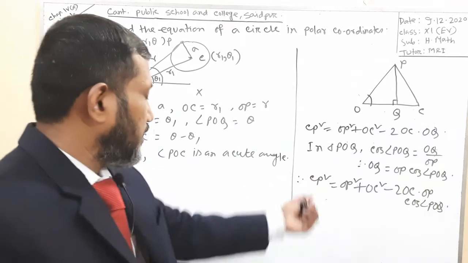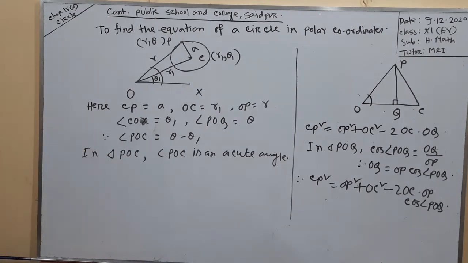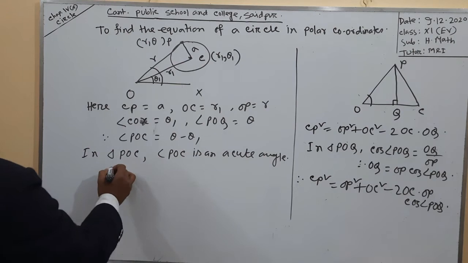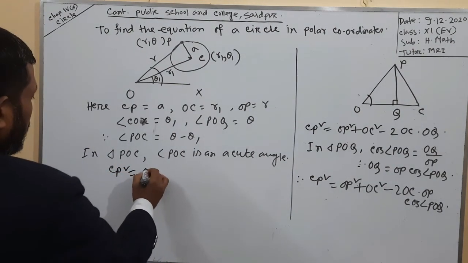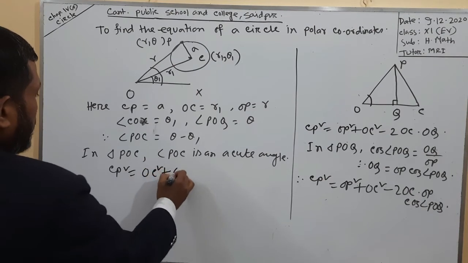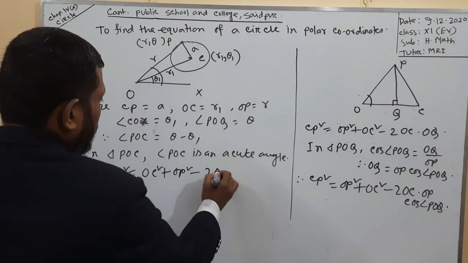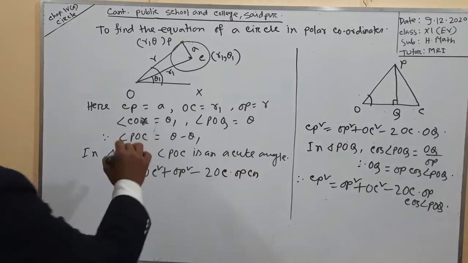According to this formula, we can use it on triangle POC, then we get CP square is equal to OC square plus OP square minus 2 OC OP cos POC.